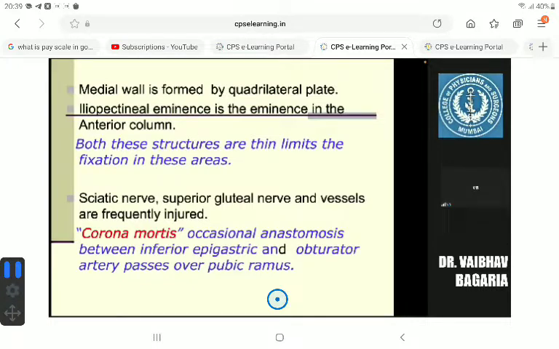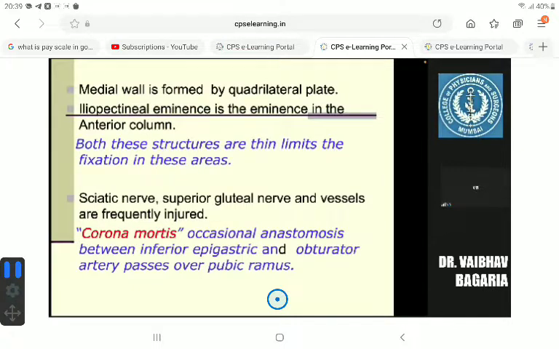What is corona mortis? It's an occasional anastomosis between the inferior epigastric artery and the obturator artery that passes over the pubic ramus. And this is important when you are doing the Stoppa approach. Many times this artery may be very flimsy or rudimentary, and sometimes it can be very large.